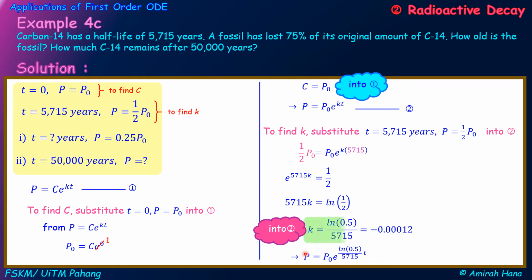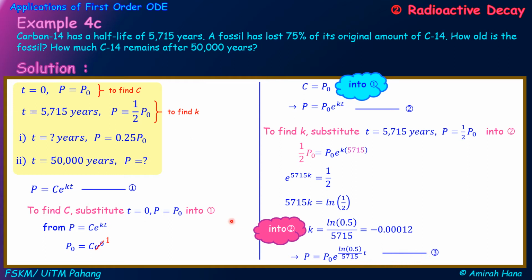So after we substitute k equals ln 0.5 over 5715 into k in equation 2 here, we get P equals P naught e to the power of ln 0.5 over 5715t. And then we name it equation 3.